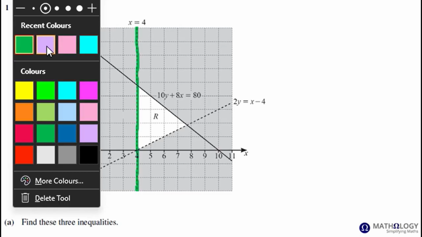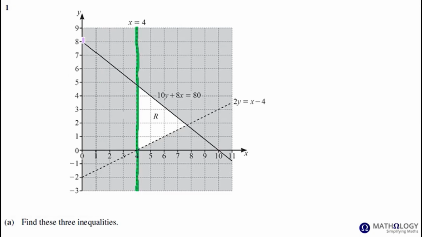We also have this line over here in purple, which is solid, indicating that the inequality is inclusive, and that is 10y plus 8x equals 80. Then we have the third line, in turquoise, which is dotted, which means that the inequality is exclusive, and the equation of this line is 2y equals x minus 4.